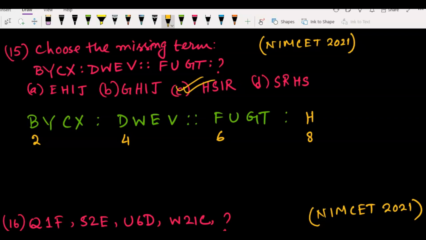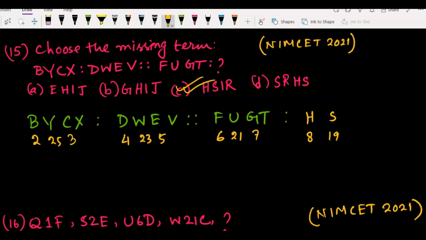Now you can check the others too. So Y is 25, then W is 23, U is 21. So we get a difference of 2. So 25 minus 2 is 23, 23 minus 2 is 21, and 21 minus 2, that is 19. So 19 means S. Then C, E, G. So we have 3, 5, 7.